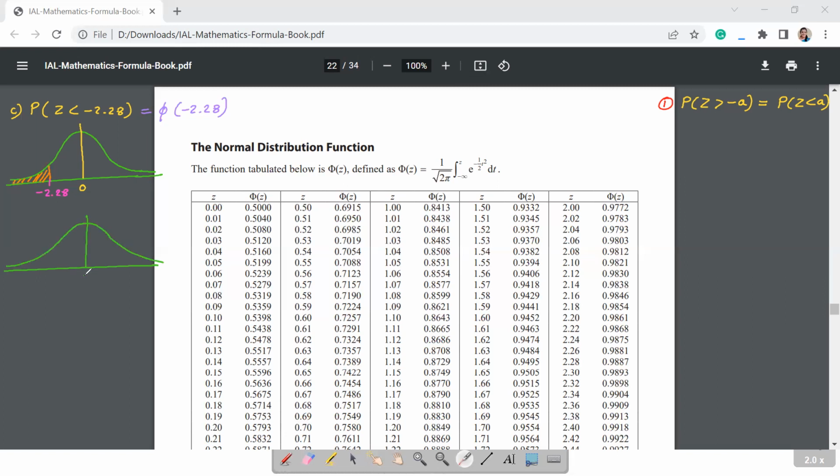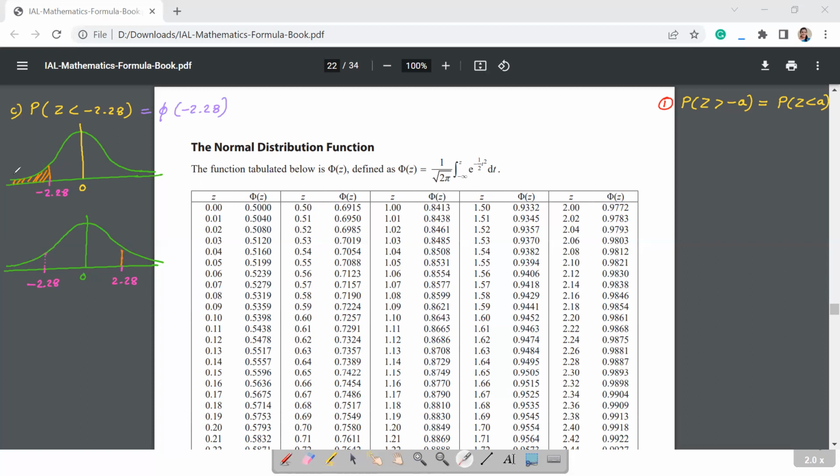Here, this is the mean 0, and this is the negative 2.28. Instead of working with the negative 2.28, take the exact same value but the positive value, positive 2.28, because they are symmetric, at the same distance from the mean 0. So then, guys, the same area.